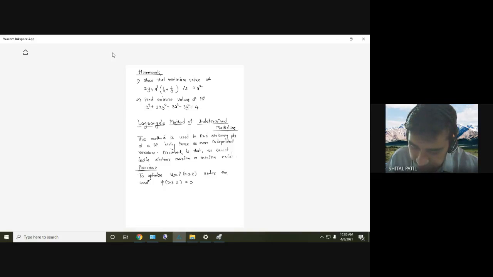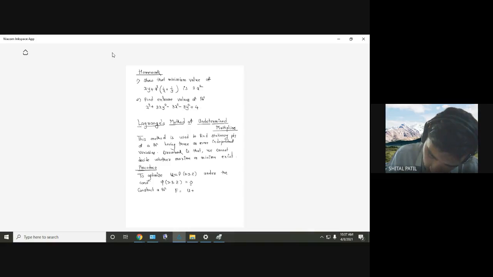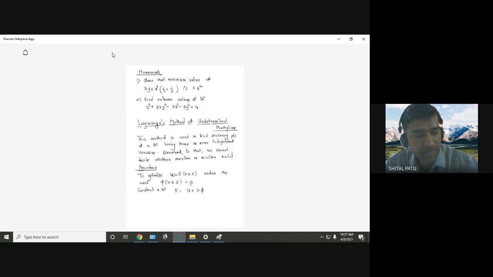And the condition is written as phi of x, y, z equal to 0. So construct a function capital F equal to u plus lambda phi. F equal to u plus lambda phi. Lambda is known as Lagrange's undetermined multiplier.